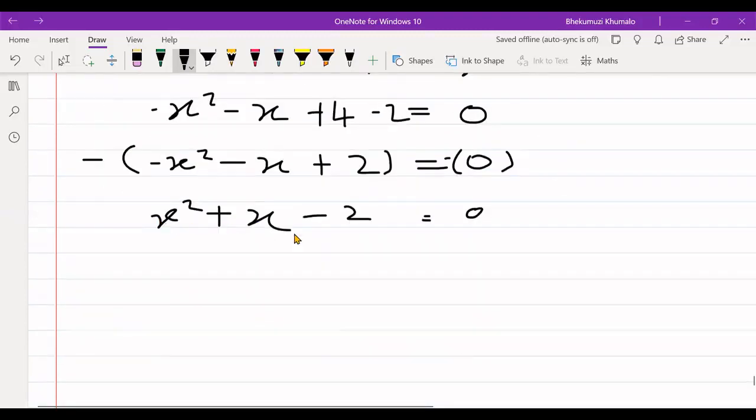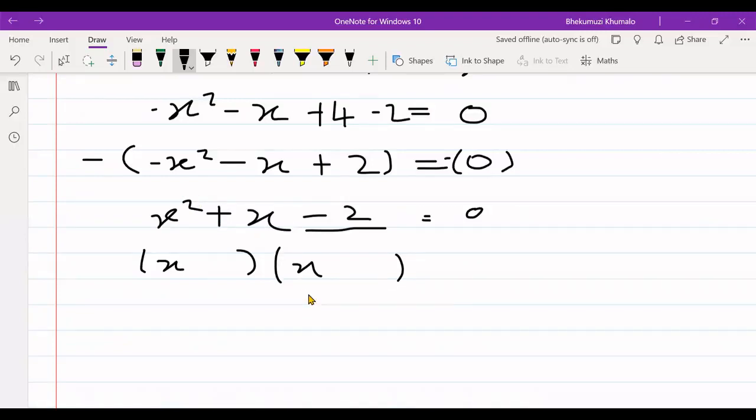And then the only thing we must do now is factorize. This is a quadratic, so there are going to be 2 brackets, right? We ask ourselves, what are the 2 numbers that multiply together to give us negative 2, but when we add together give us positive 1?